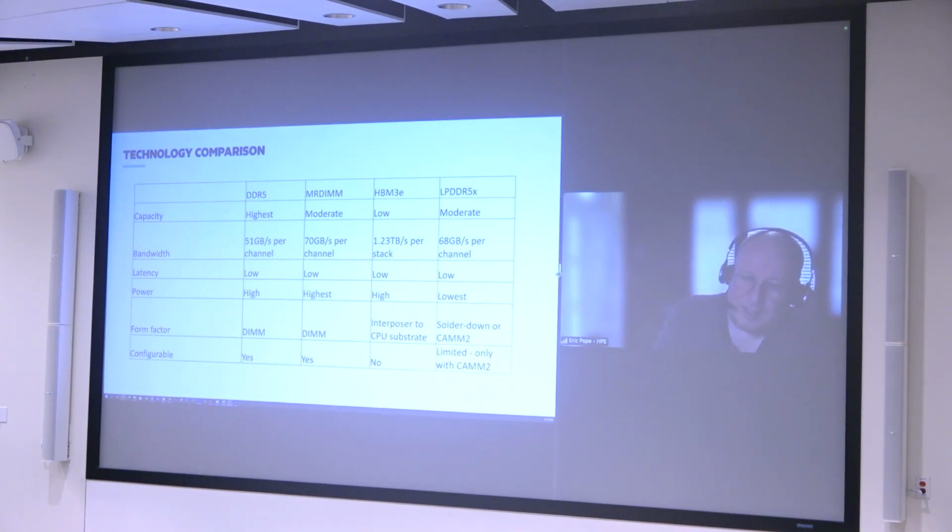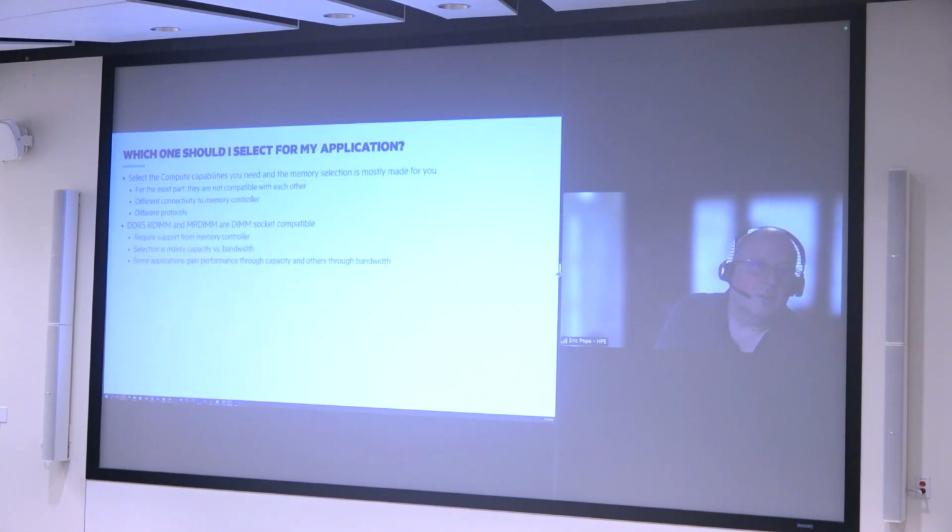And so really all of these are DRAM, but LPDDR and HBM are special purpose DRAMs, whereas DDR5 is general purpose. So which one is best for your application? It depends what your CPU uses. If you choose a Grace Hopper design, guess what? You're getting LPDDR. Your choice points have already been made when you choose Grace Hopper.